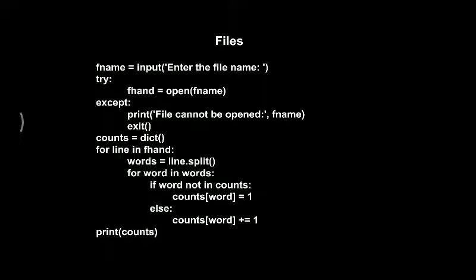For word in words, we consider each word from that entire list of words. If word not in counts, then counts[word] = 1, else counts[word] = counts[word] + 1. Then finally we print counts.